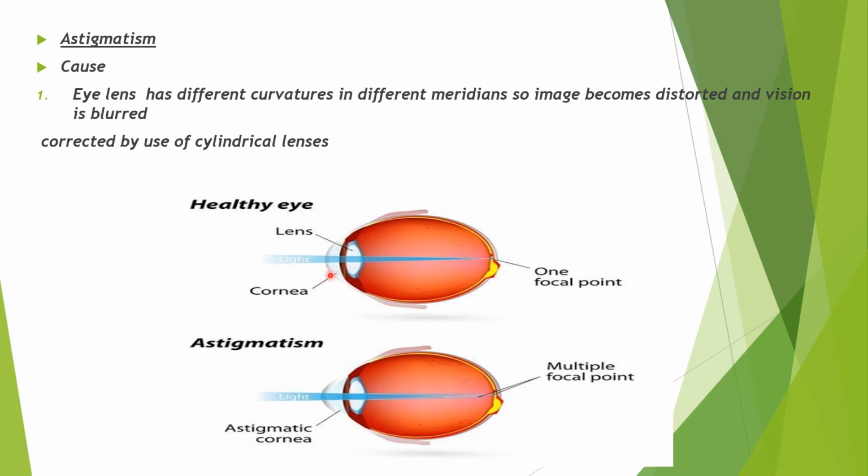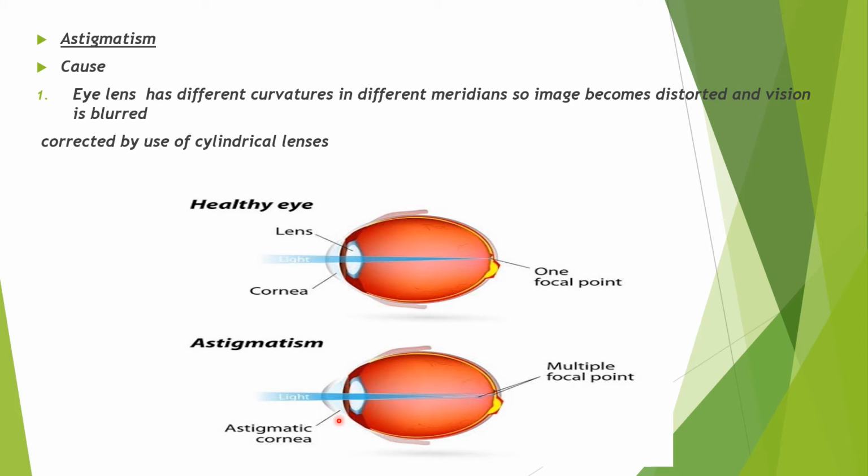The cornea or the lens may have different curvatures in different meridians. So as a result, instead of focusing at one point, they have multiple focal points. So this figure shows an astigmatic eye where the cornea is having irregular curvature.